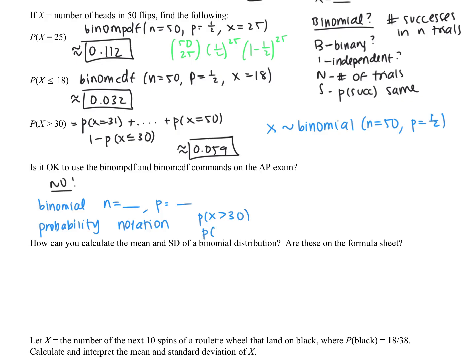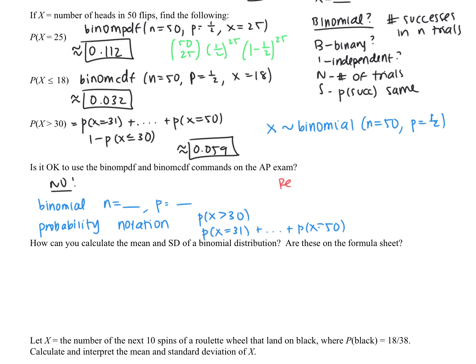If you don't like that, you could do x equals 31 all the way up to 50. That's what you should be showing, though. That is proper notation. Kind of like I said, don't show normal CDF on the AP test, right? Write normal, write mean and standard deviation, or show the figure.